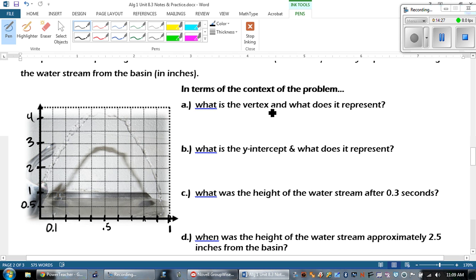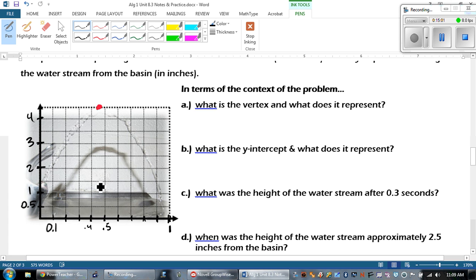So what's the vertex and what does it represent? So let's take a look. Here is the exact height, right? Is that as high as it gets? Maybe it's just a little bit over. Sorry guys, I'm trying to look as close as I can to this thing. Yeah, I'd say right about there. Okay, so if this is 0.4, we're in between 0.4 and 0.5.